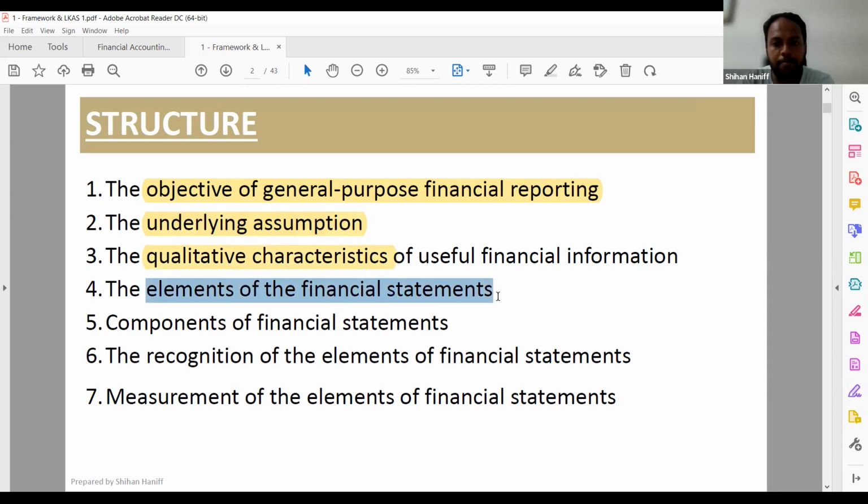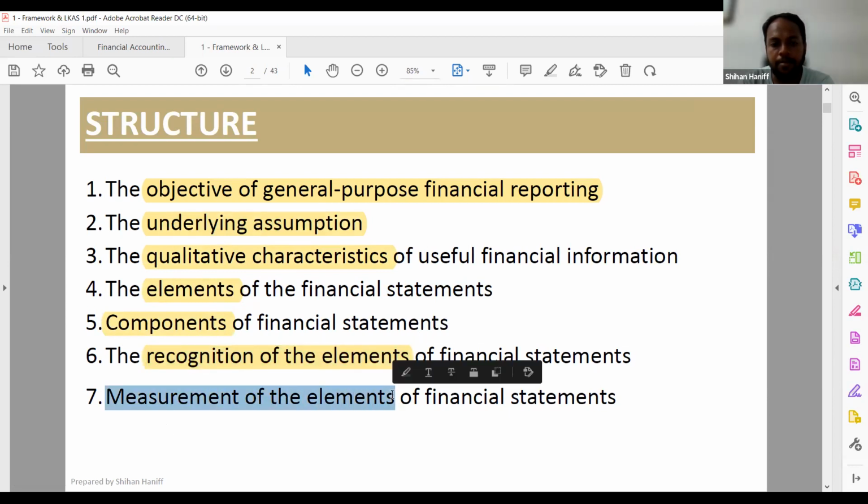Elements of financial statements, that we also did. Components. Number 6, recognition of elements and measurement of elements.